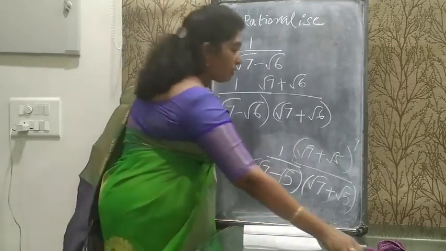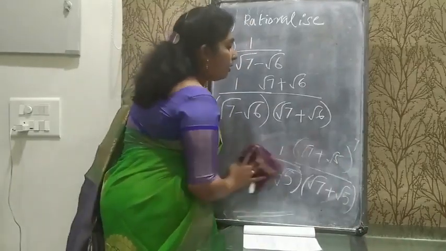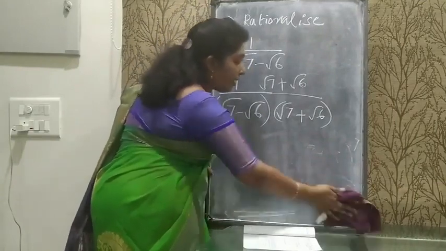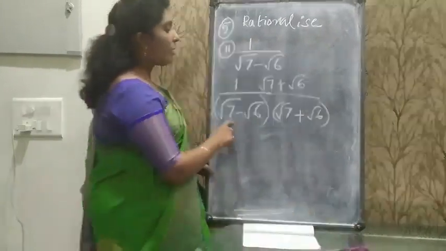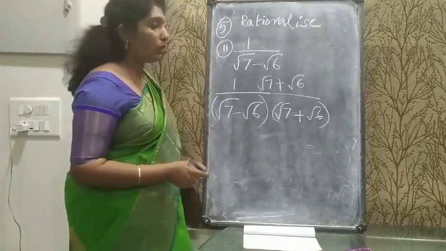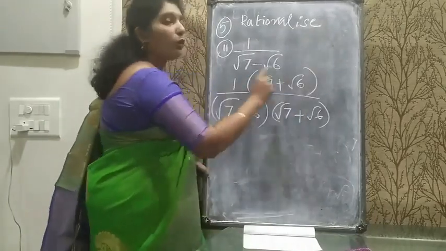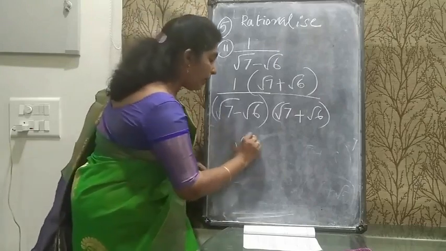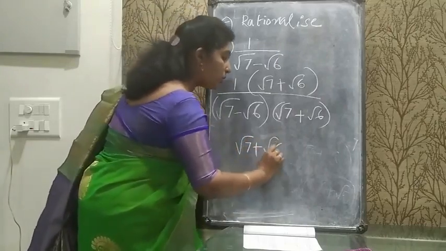So come back to this question. Here numerator is 1 into root 7 plus root 6 and denominator is root 7 minus root 6 into root 7 plus root 6. So 1 into any number will be the same number. So numerator will be root 7 plus root 6.